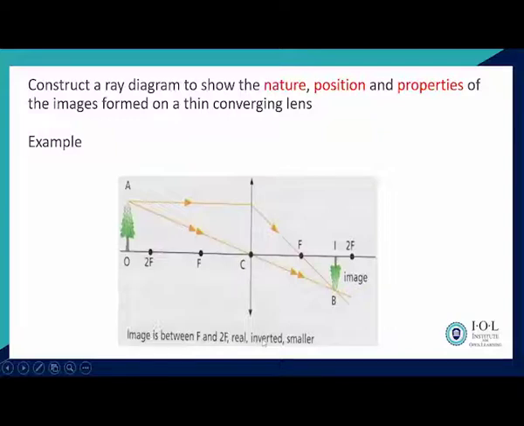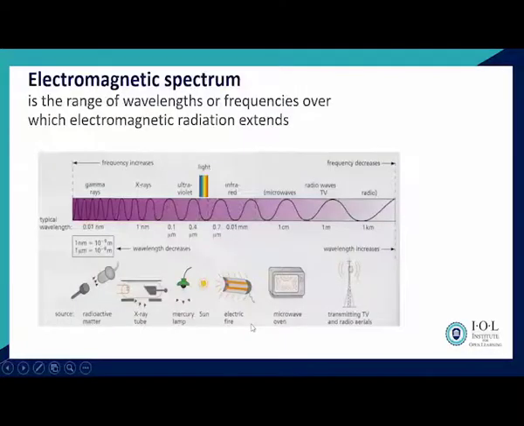That means the image is upside down as compared to the object. The object is upright, but the image formed on the other side is inverted, or it is upside down. Then the other property or characteristic is that the image is smaller than the object. You can see it's smaller there.